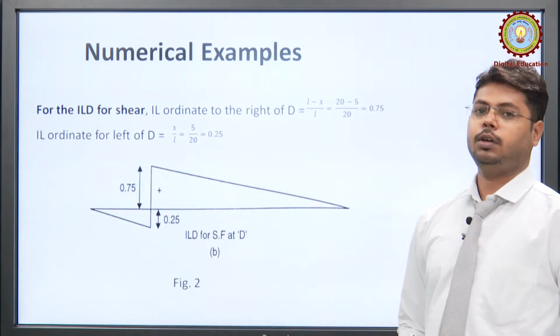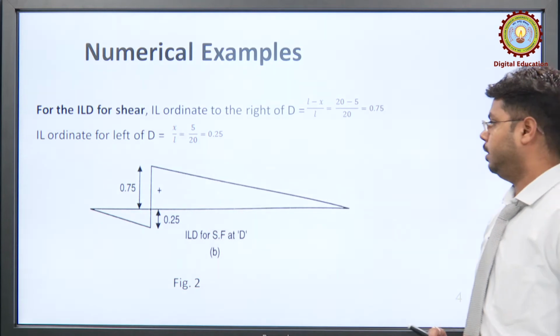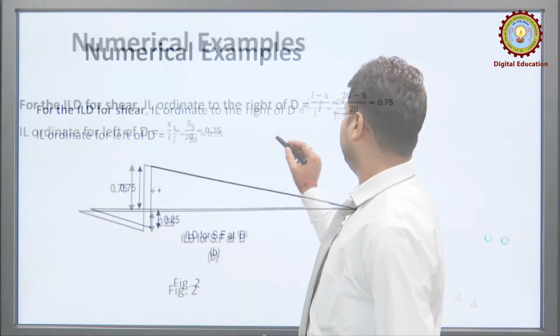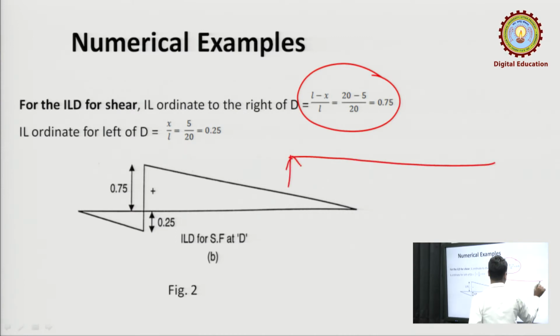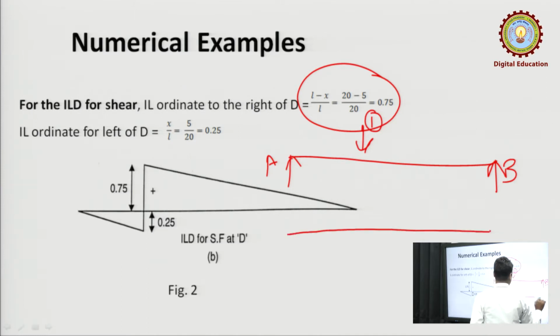Here we are going to draw the shear force diagram. How can we draw that? We know that for a simply supported beam, after applying a unit load, what will the variation be?